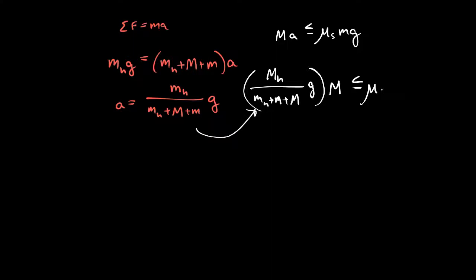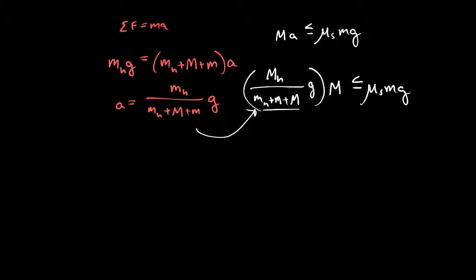Right? Here's the worst part. I've got to solve this for MH. So assuming that everything on the bottom is non-zero, and they're masses, so they should be, and assuming everything on the bottom is not negative, well, they're masses, so they shouldn't be, I'm going to multiply both sides by MH plus m plus M. Right? Yay.